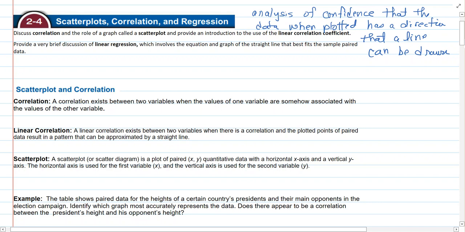All right, so we're talking about a line, that the data is going in a direction, pointing in some fashion.